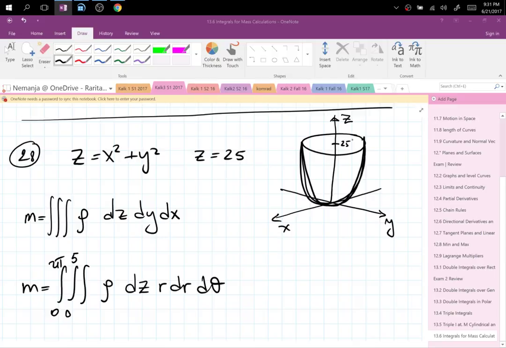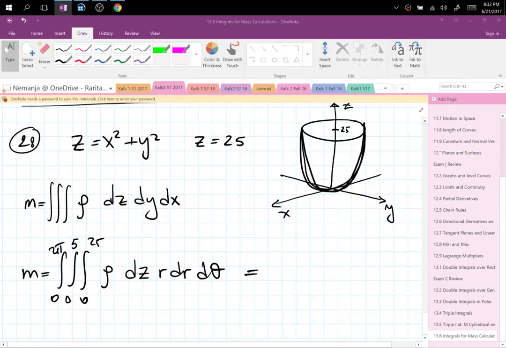Oh, it is. Never mind. Yep. You have dr. And we also have z, and z clearly goes from 0 to 25, right? Because the bottom is 0 and the top is 25. So there's the mass integral.